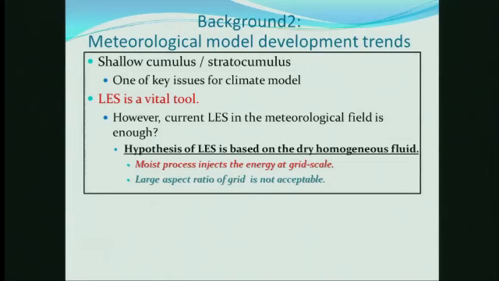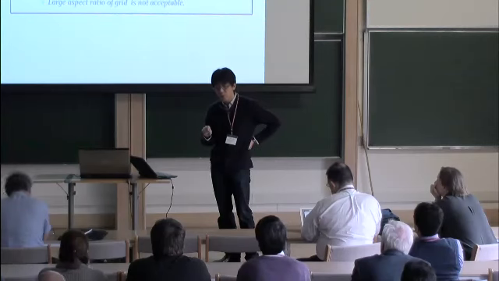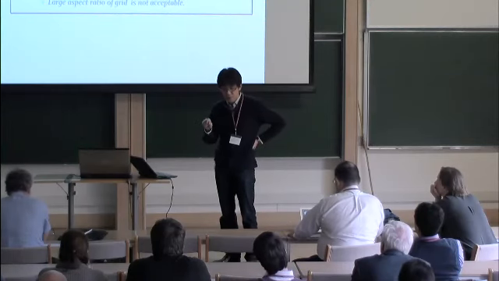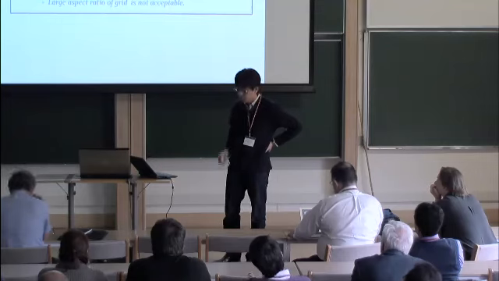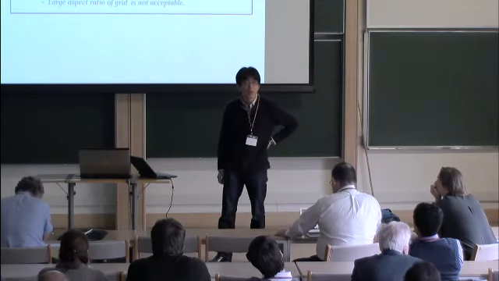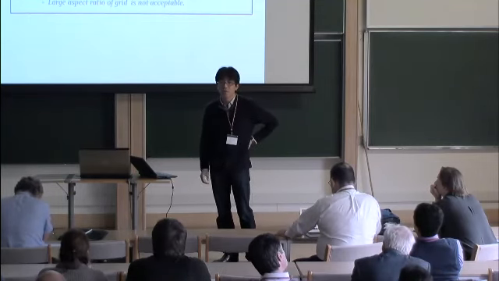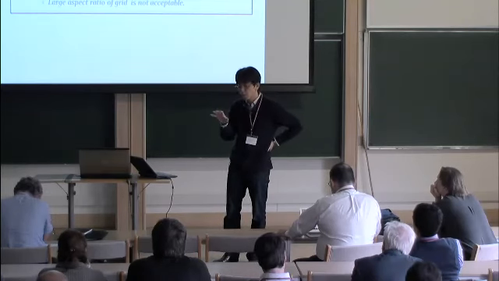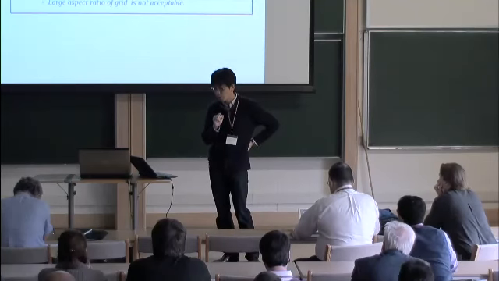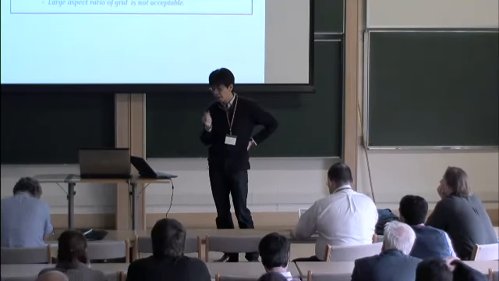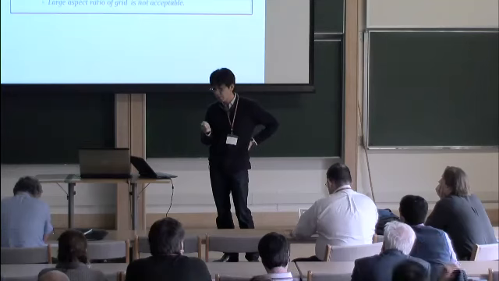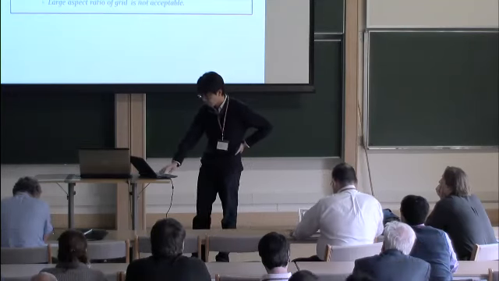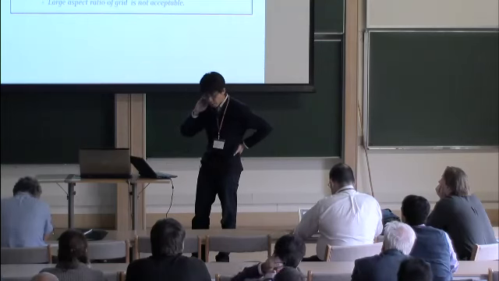In the meteorological field, moist processes inject energy at the grid scale, so this hypothesis has already collapsed. Also, we usually use a high aspect ratio of horizontal grid to vertical grid, a large aspect ratio. But this is also not acceptable because the theory is based on homogeneous fluid dynamics. So we have to resolve this problem.